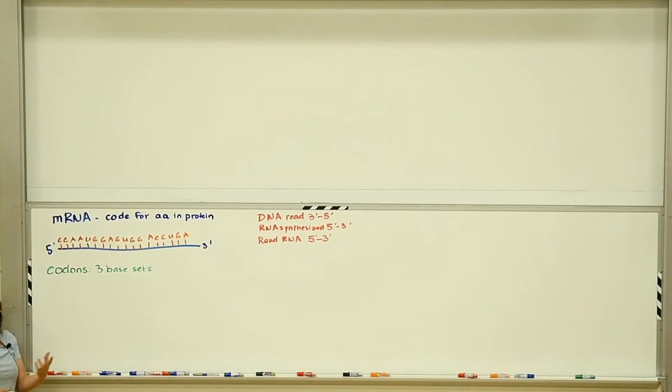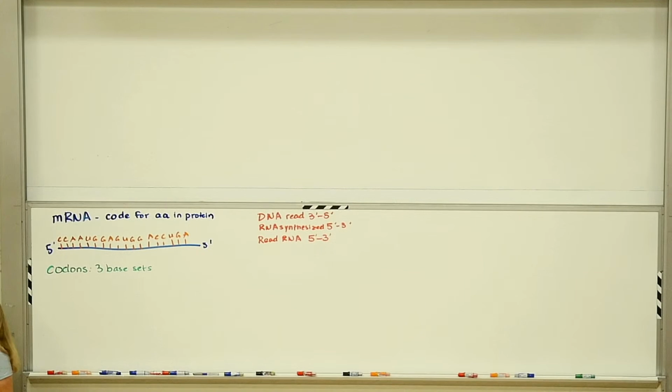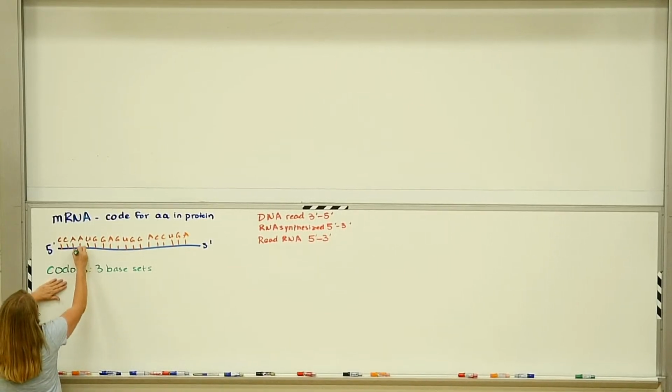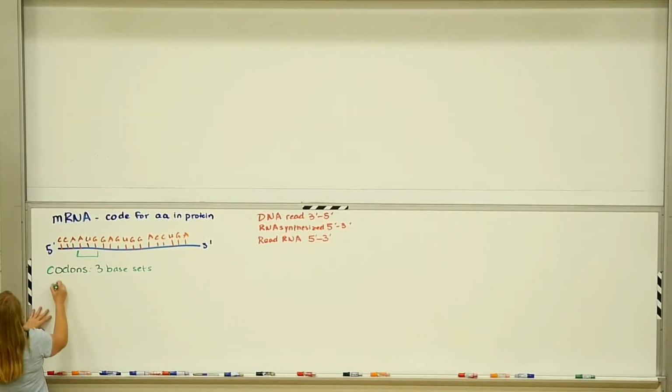So as it turns out, not all codons will code for an amino acid. Our stop codons do not. Where are my stop codons? Here. There are no amino acids that match these particular codons. Other amino acids will have multiple different codons that code for them. And again, you guys don't have to know those except for the start codon and the methionine. When you are looking for your start codon, that's an AUG.